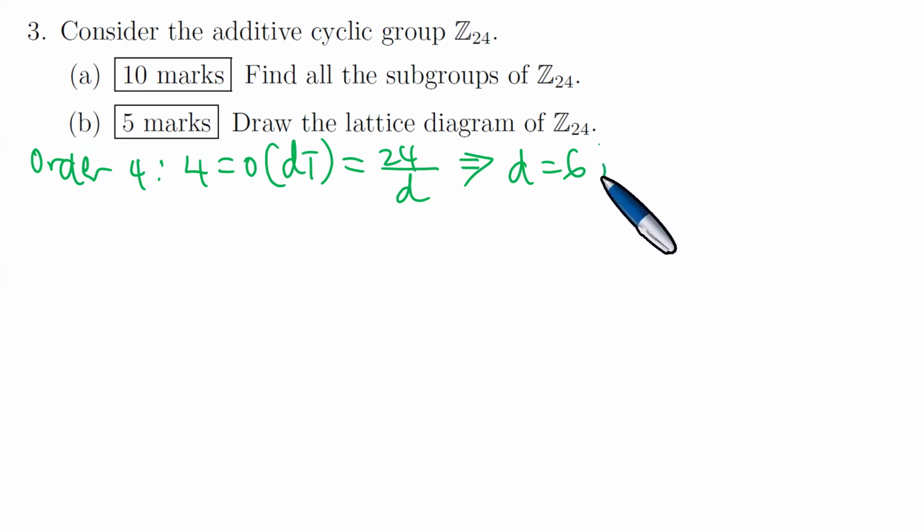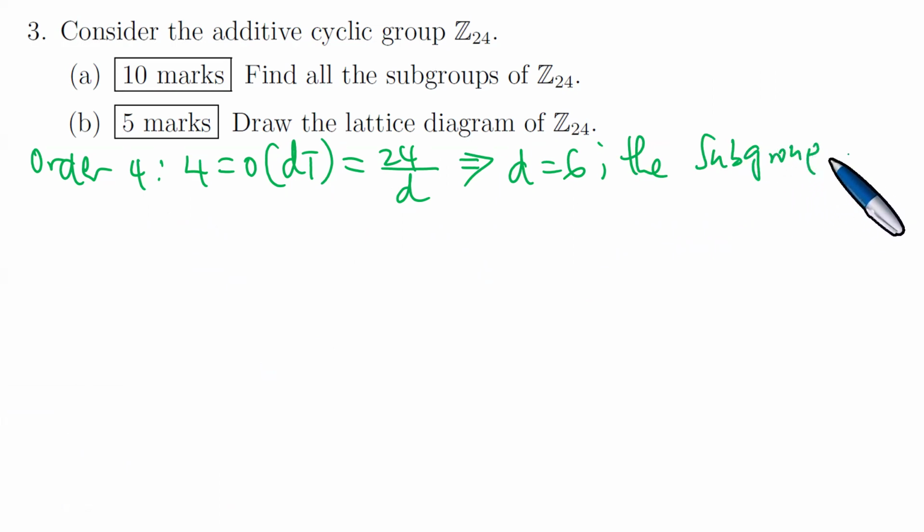And then the subgroup. The subgroup of order 4 is what?